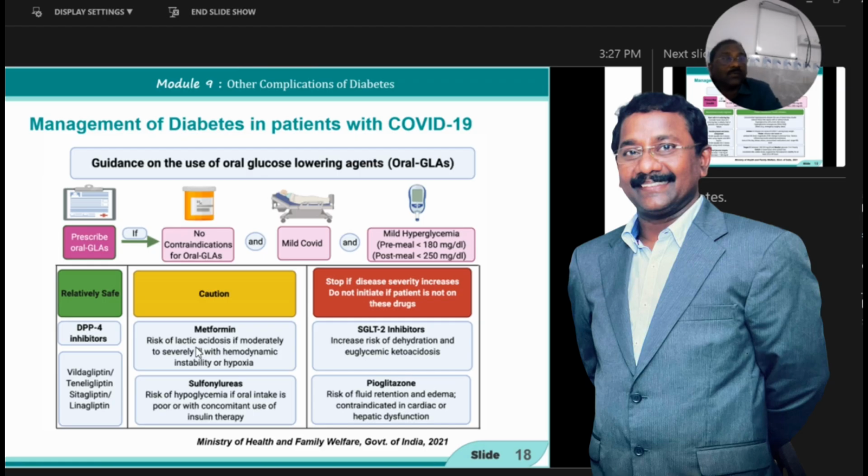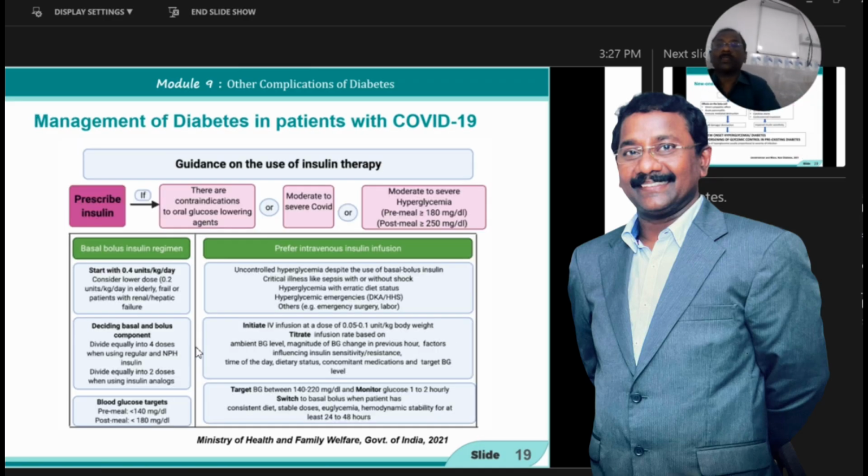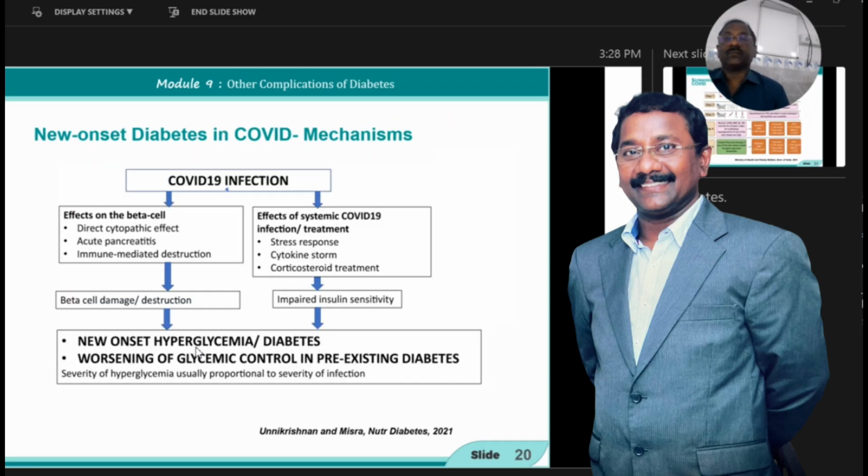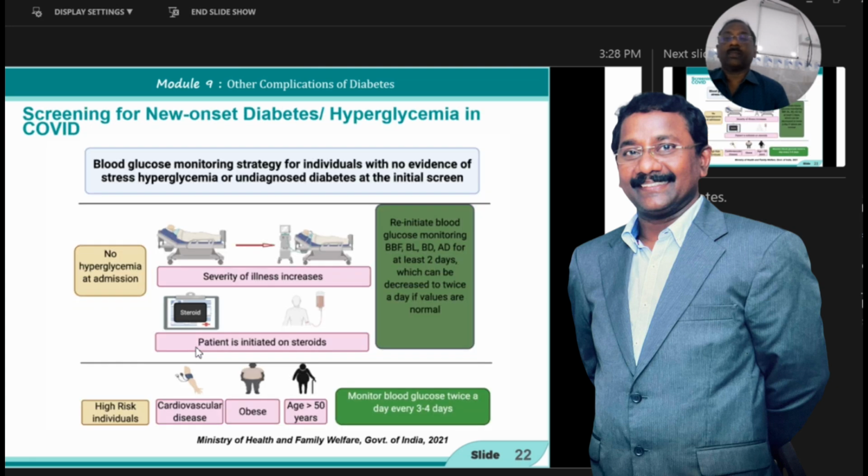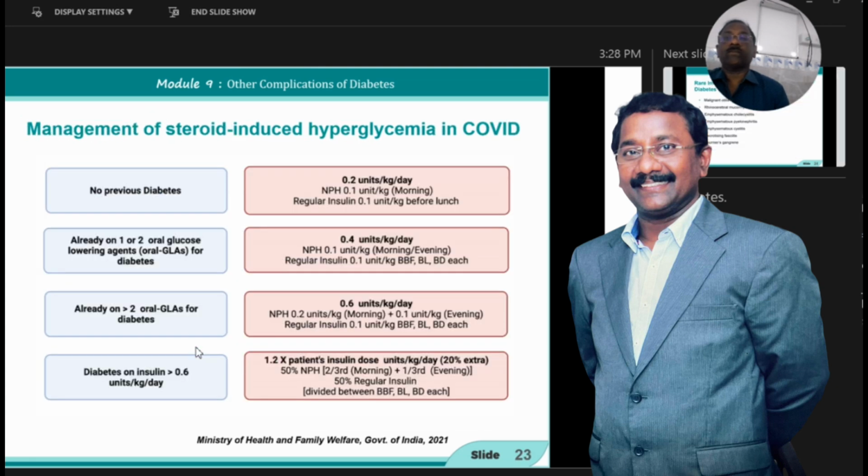The only OHAs we prescribed during our COVID period are DPP4 inhibitors. And of course, insulin. How much insulin you have to use, maybe 0.1 unit per kg body weight, or 0.2 or 0.4 units, depending on the obesity, the insulin sensitivity and the resistance. So steroid-induced hyperglycemia is very common.